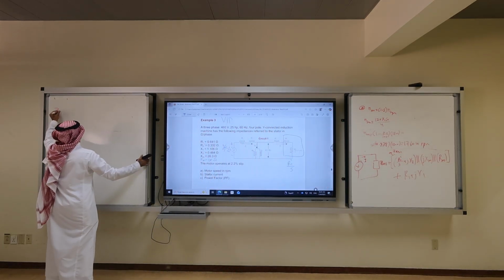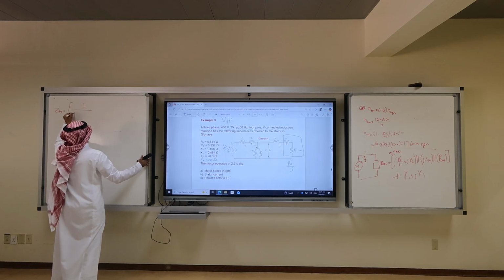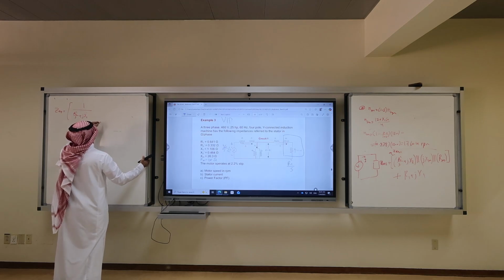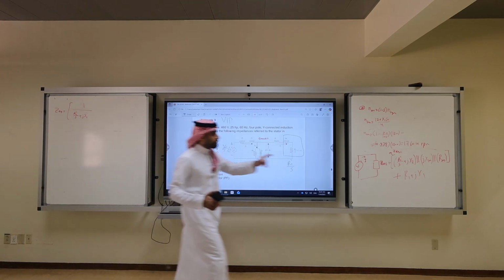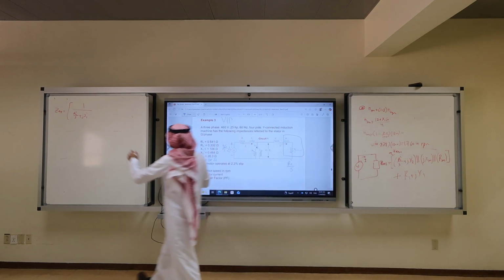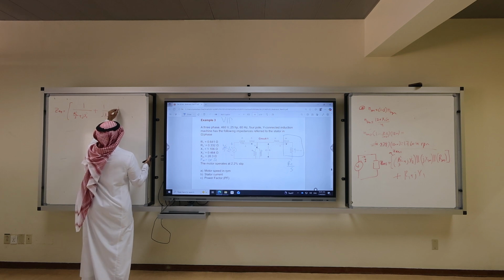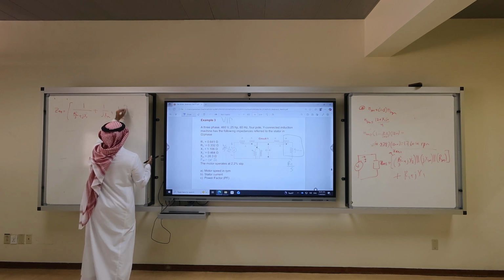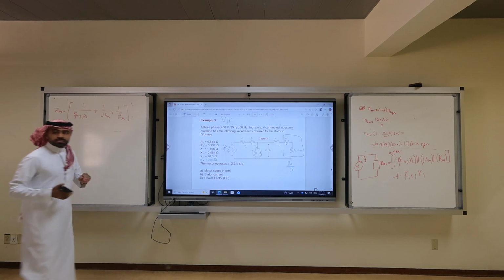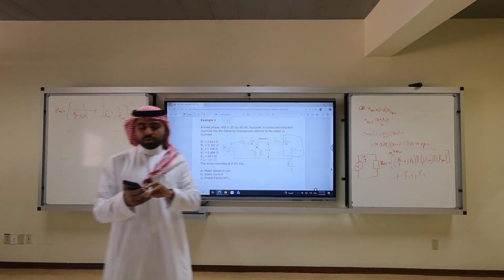Z equivalent 1 is 1 over R2 prime over S plus JX2 prime. There's a prime I forgot here. Plus 1 over JXM plus 1 over RM, right? Yes. Do it by calculator.